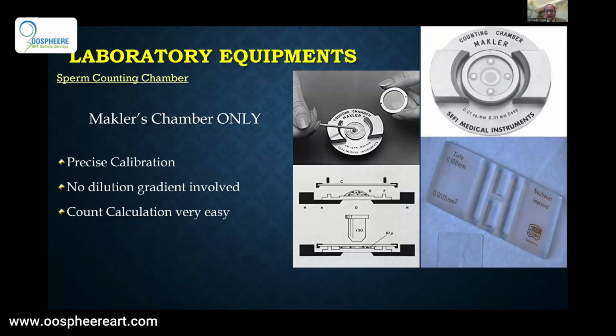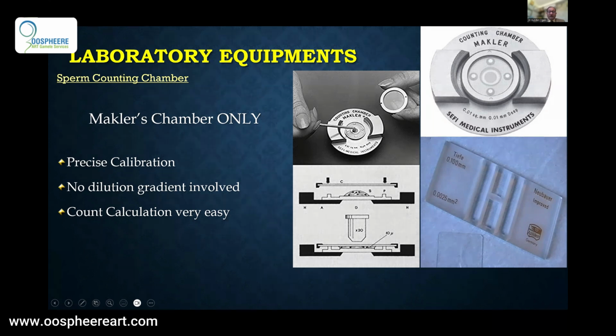So what do you need for semen analysis, which is the best, is the Makler chamber. And I will always say that is the best chamber. Now, why I'm saying that, if you look into this diagram, the moment you take a drop on the Makler chamber and you put this cover slip, the column of the fluid of the seminal plasma which is created below the slip has a depth of 10 microns.